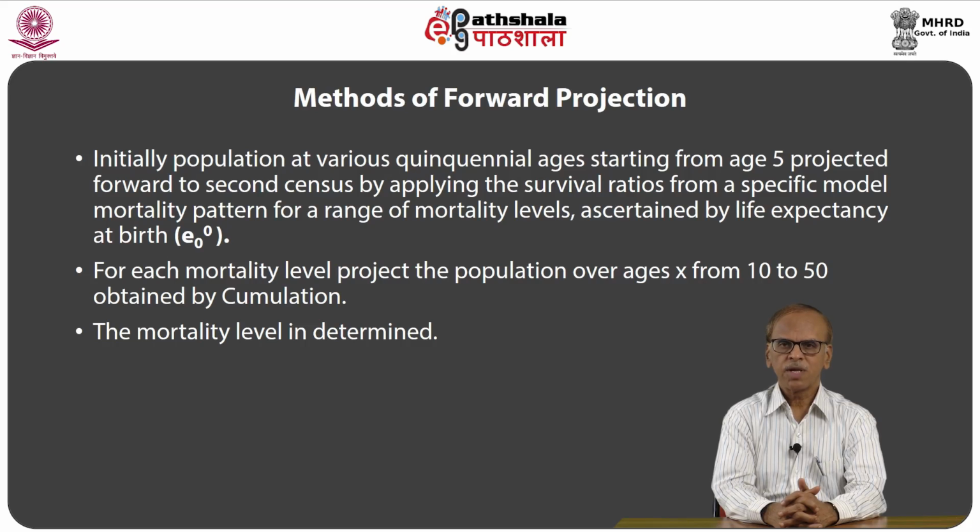Initially, population at various quinquennial ages starting from age 5 is projected forward to the second census by applying the survival ratios from a specific model mortality pattern for a range of mortality levels ascertained by life expectancy at birth, e0. For each mortality level, the projected population over age x from 10 to 50 is obtained by cumulation.